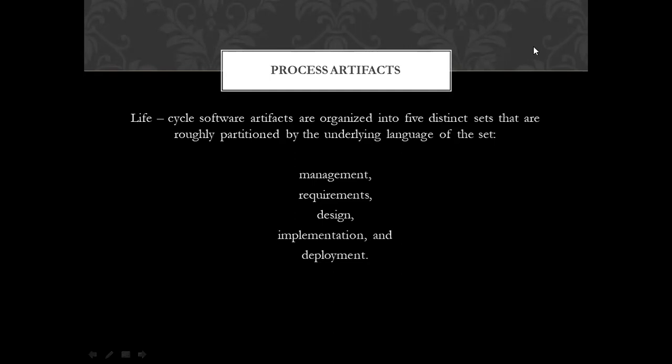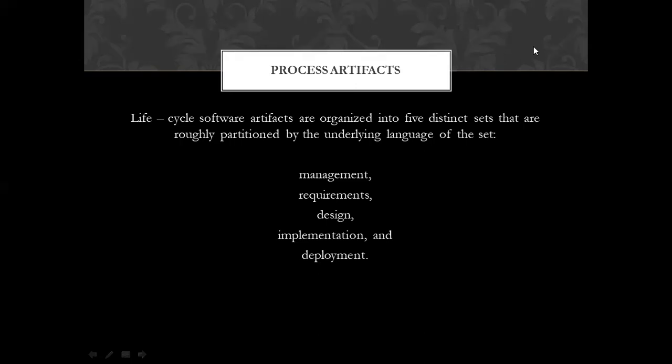Lifecycle software artifacts have been organized into five sets, which are partitioned into individual artifacts. These sets have their own artifacts that we will see. But here in this slide, what you have to know is that these five sets are: the management set, which involves ad hoc textual formats, text and graphics. The requirement set comprises organized text and models.